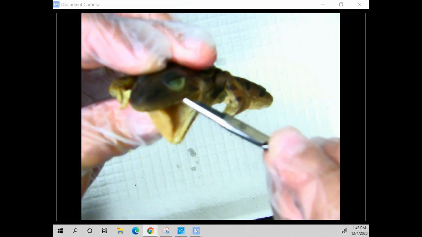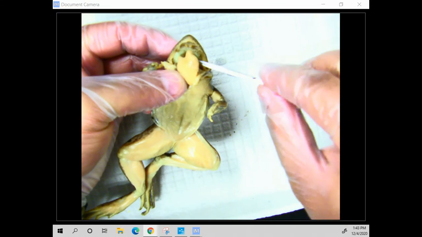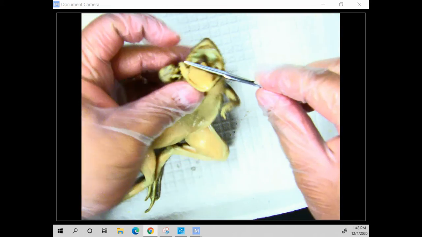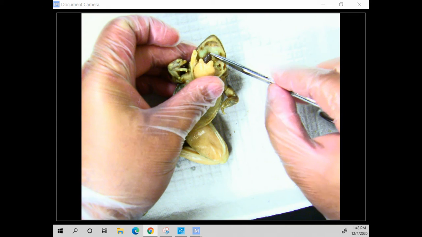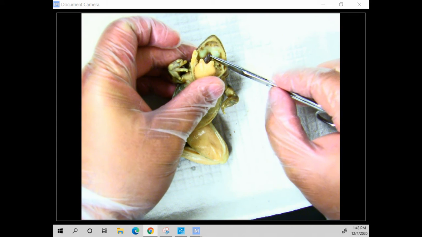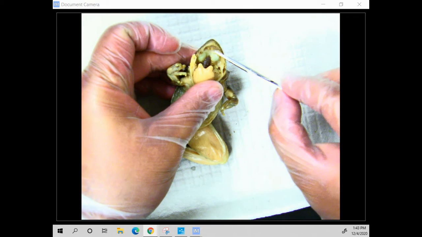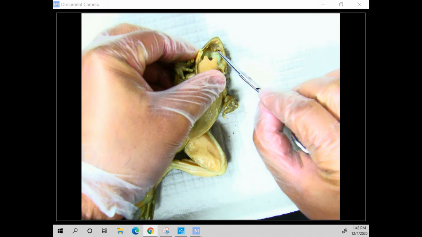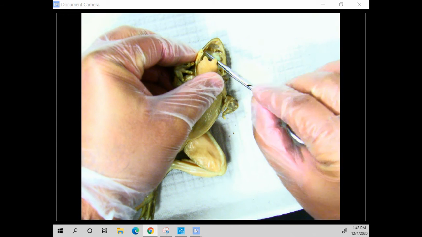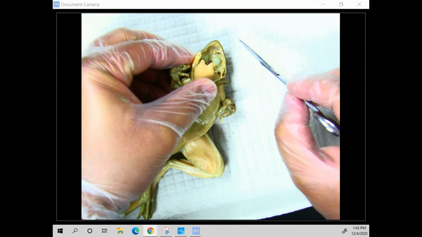That is the eyeball on these two right here. Get the tongue out of the way. These two structures down here, those are the eyeballs. And then you also have those nostrils right in here. So these two structures are nostrils.